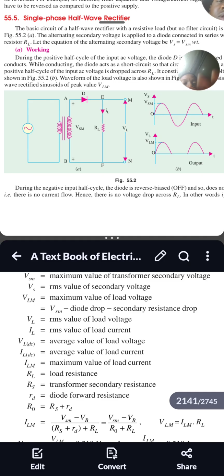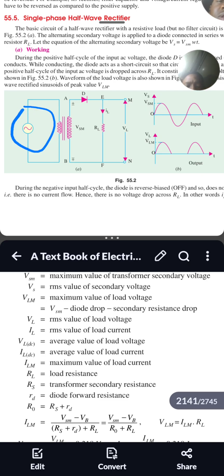You know, the primary RMS value will be given, maybe like 230 volts, something like that. So once you convert it to VRMS secondary, it will be the RMS value of load current, because most times we are dealing with the secondary. I feel like the primary is just given so you can get the secondary and continue like that.